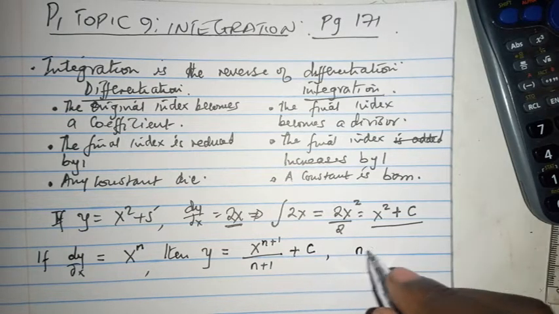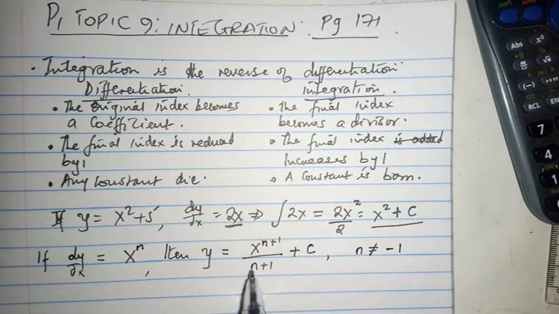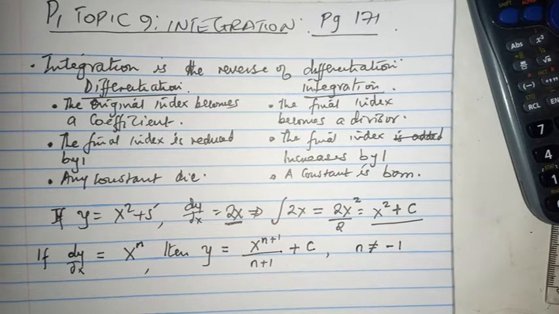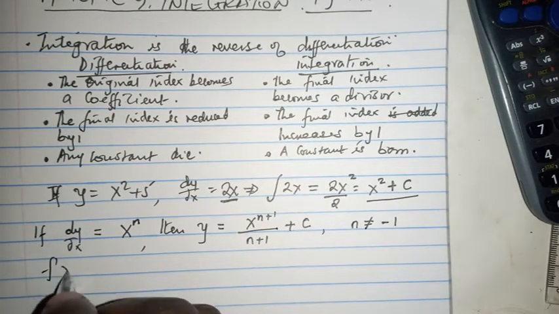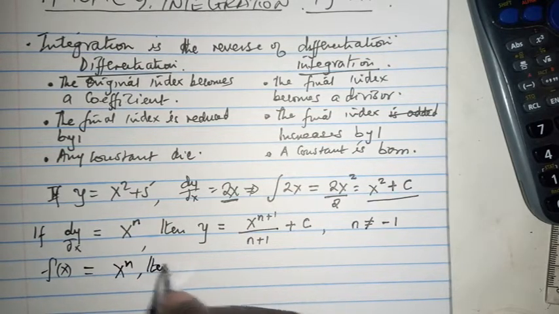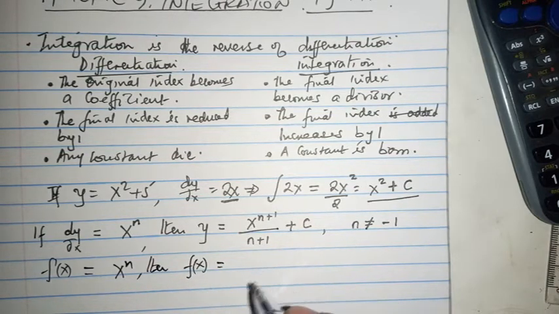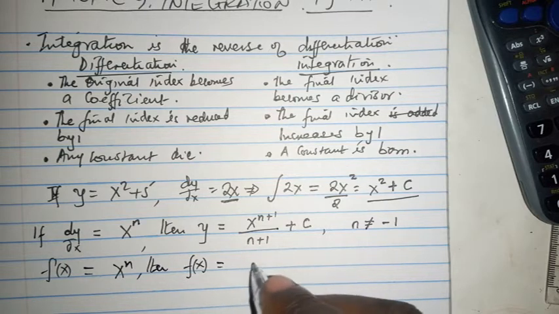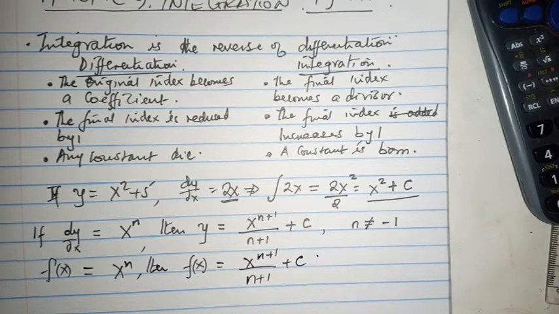Of course, n is not equal to minus 1, because then the denominator becomes 0, and anything over 0 is infinity. Sometimes we may write the gradient function as f prime x. If f prime x is x to the n, then f(x), the function itself, becomes x to the n plus 1 over n plus 1 plus c.